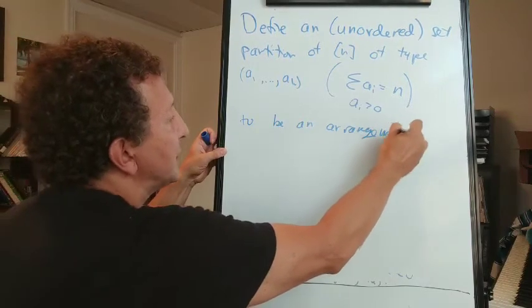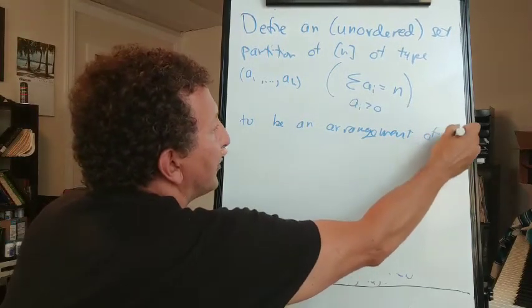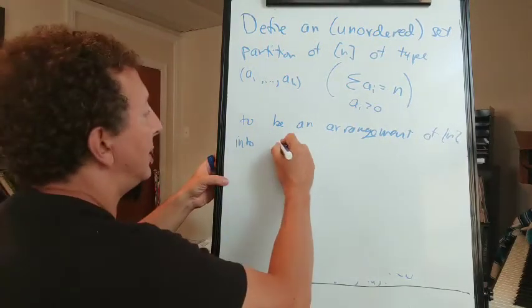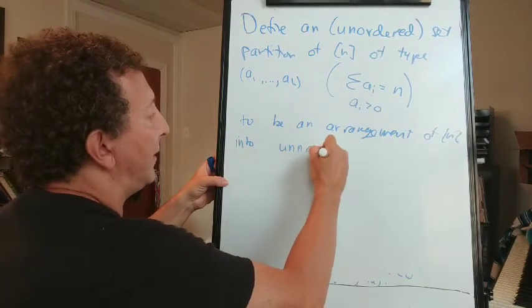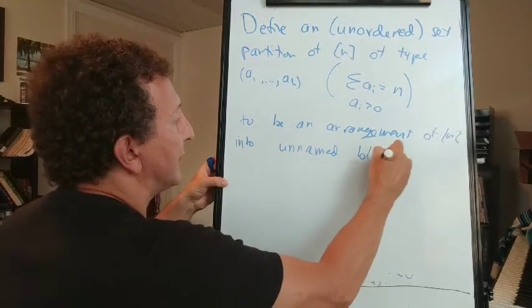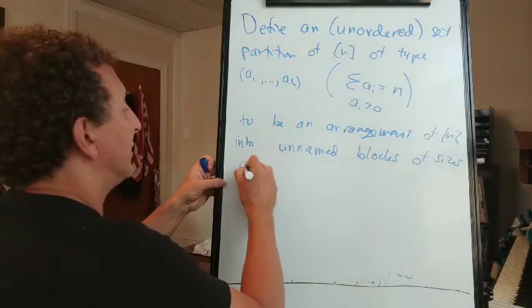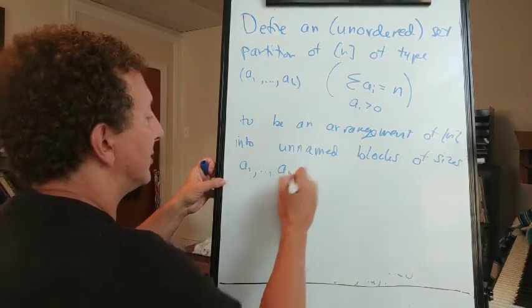So this is an arrangement of 1 through n into unnamed blocks of sizes a1 through ak.